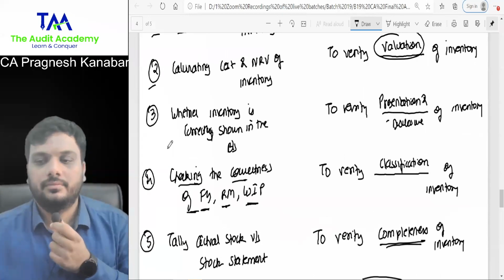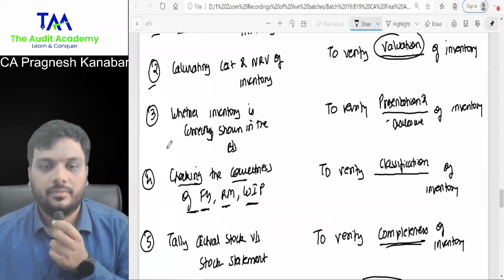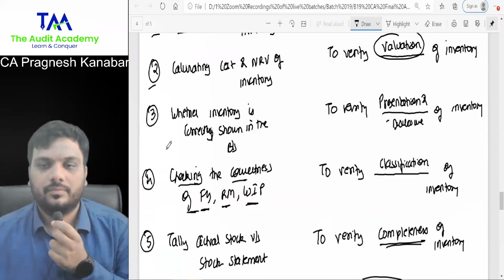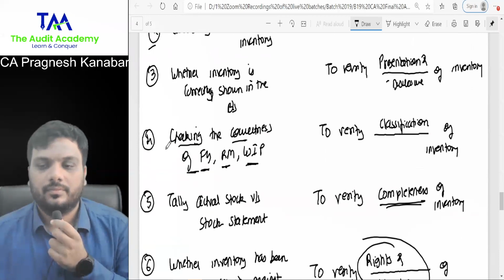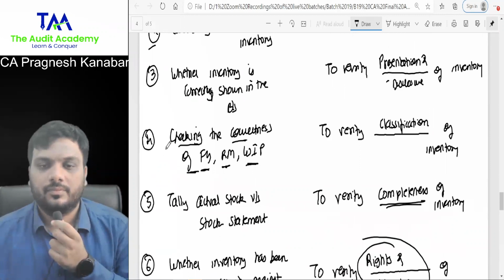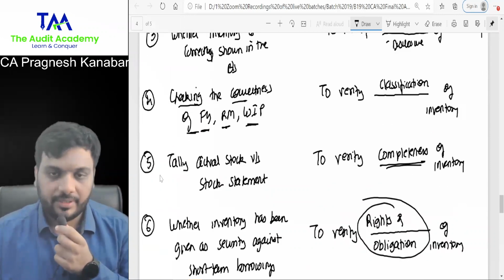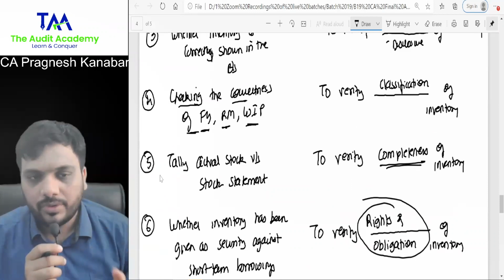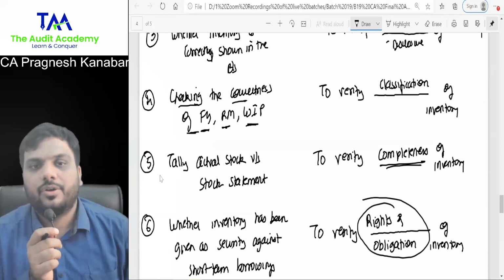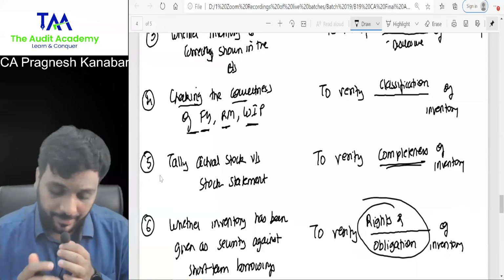Okay. Any point number that you are not understanding, you can type it in the chat box. For the students watching recorded video, I am giving this time to copy so that your duration is not utilized in doing that rewind forward, rewind forward. Okay.